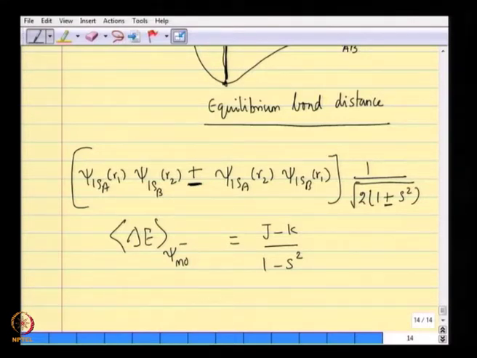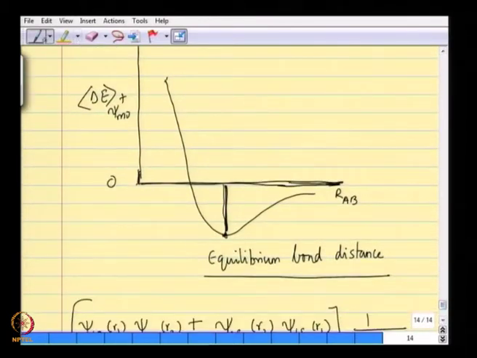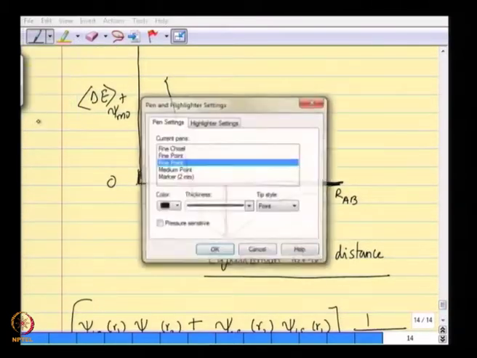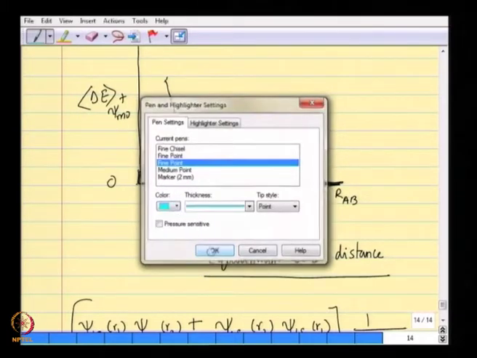So, if we plot this value delta E minus, that is for the psi MO minus, in the same graph, let us use a different color. Okay.